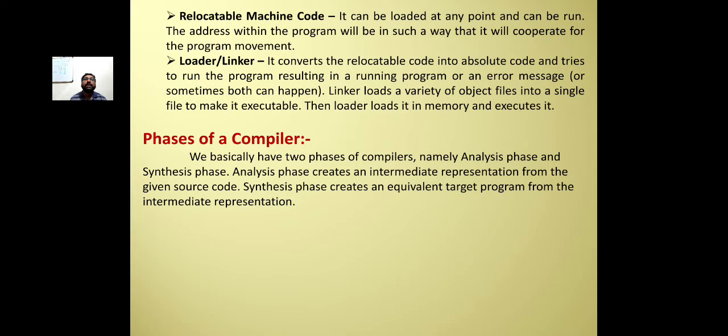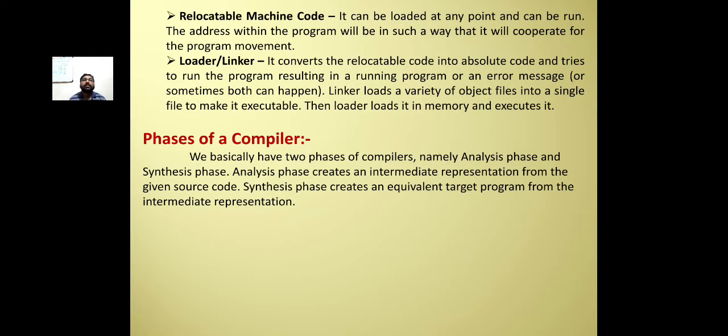Relocatable machine code can be loaded at any point and can be run. The addresses within the program will be in such a way that they cooperate with program movement.